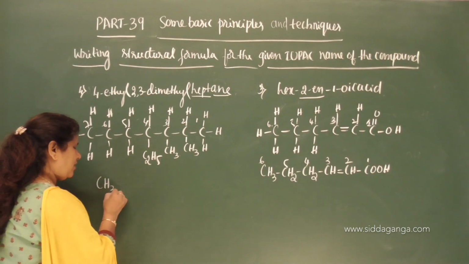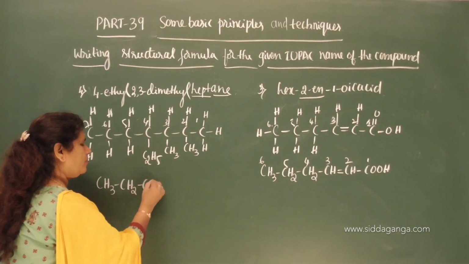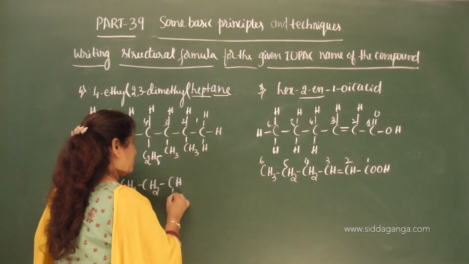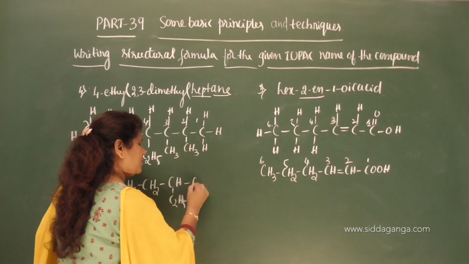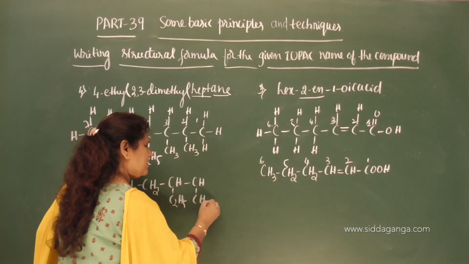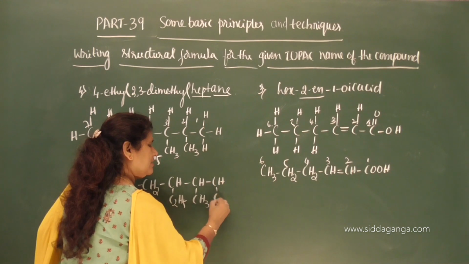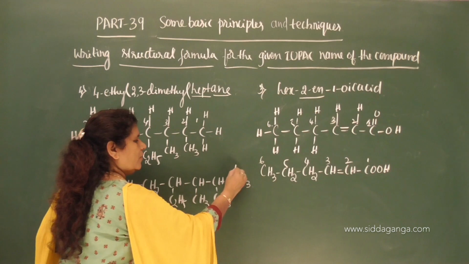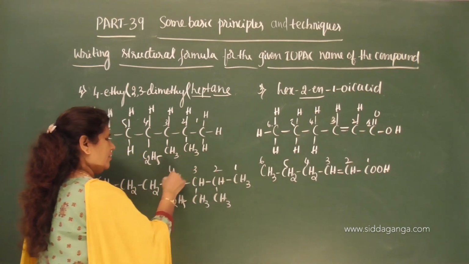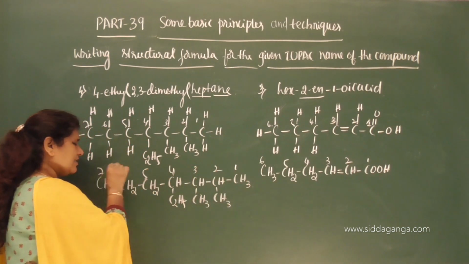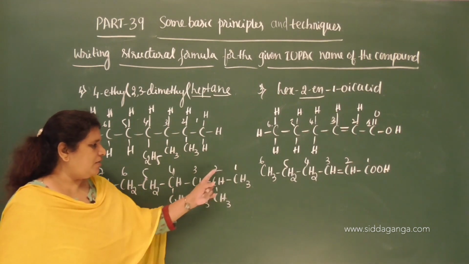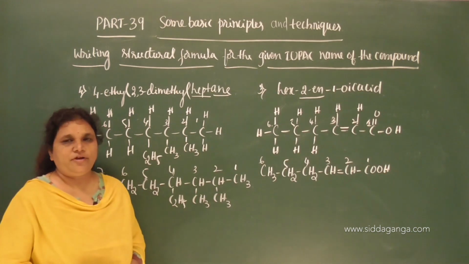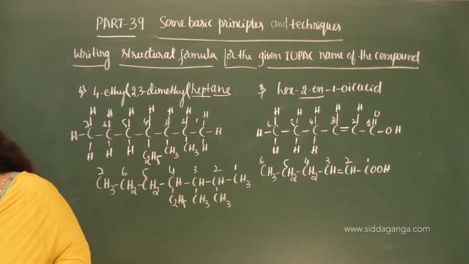So CH3, CH2, CH2, CH, C2H5, CH, CH3, CH, CH3, CH3. 1, 2, 3, 4, 5, 6, 7. 4-ethyl 2,3 dimethyl heptane is the name of the compound. Now move on to the next one.